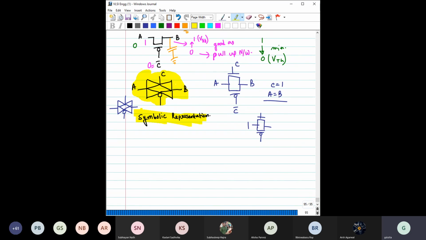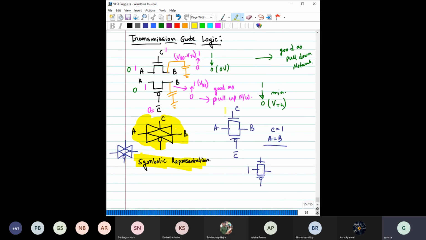Okay, so I hope this part is clear to you, why this transmission gate would be advantageous compared to pass transistor logic.